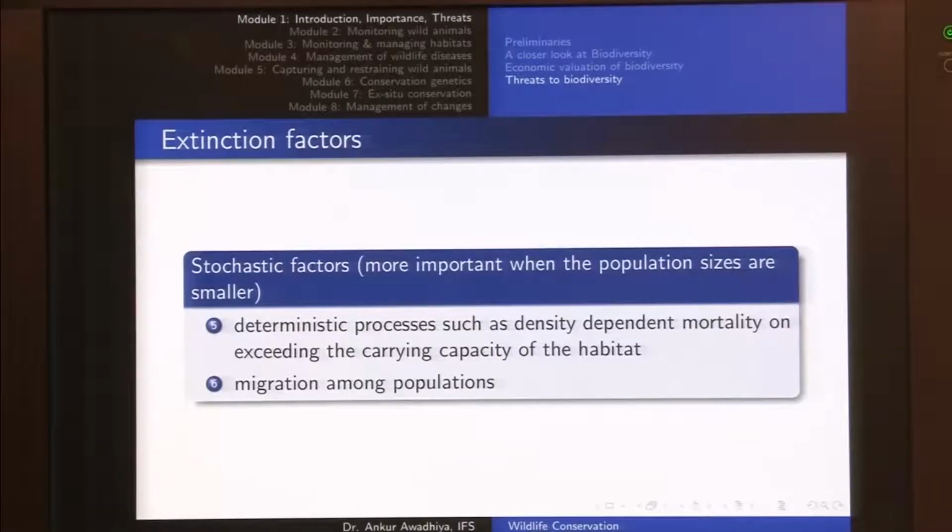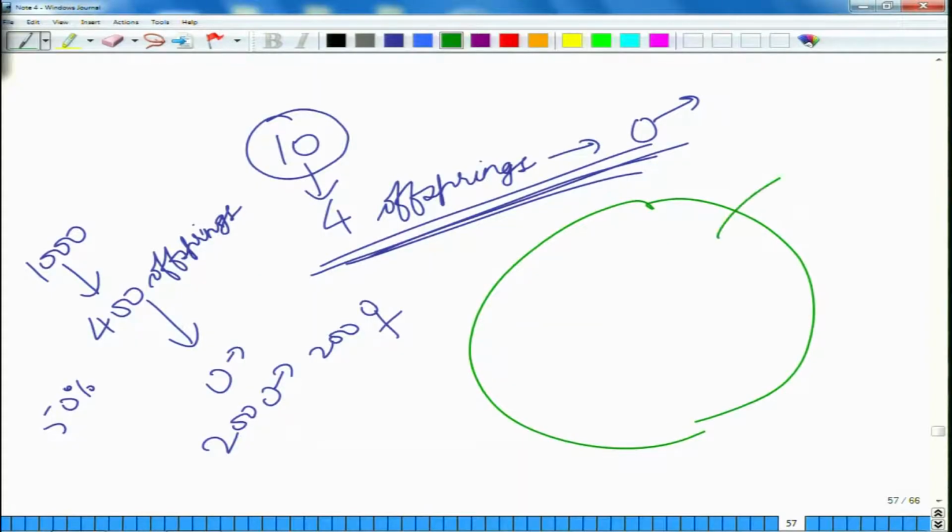Next is deterministic processes such as density dependent mortality on exceeding the carrying capacity of the habitat. So, basically what this is saying is that if you have a larger habitat that can support say 1000 individuals, now this smaller population is confined to a very small habitat that can support say only 10 individuals.